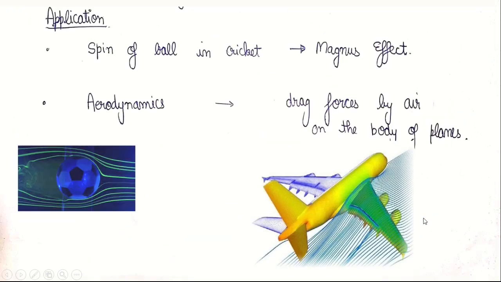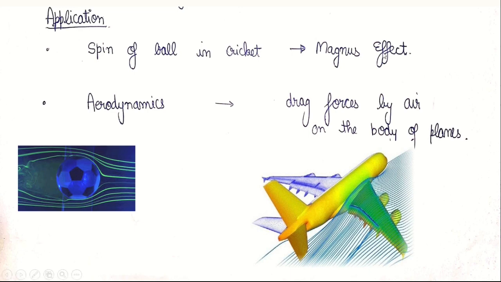Okay. Now this subject has wider applications even in natural phenomena and in technological systems also. I will be discussing a few examples, like, have you ever imagined why the ball in cricket spins? The answer is with this subject, fluid mechanics.